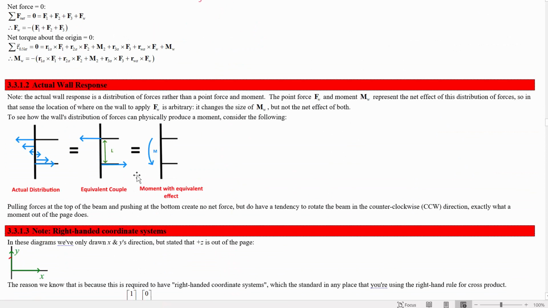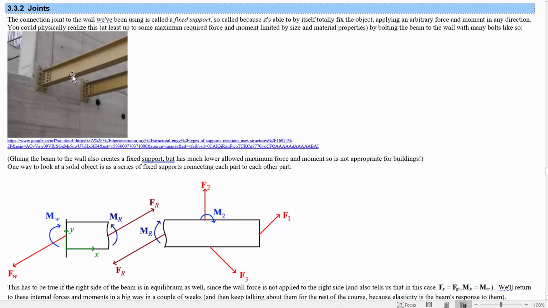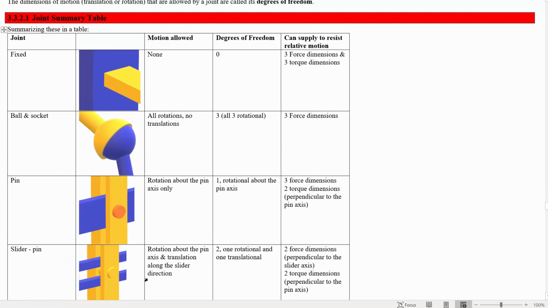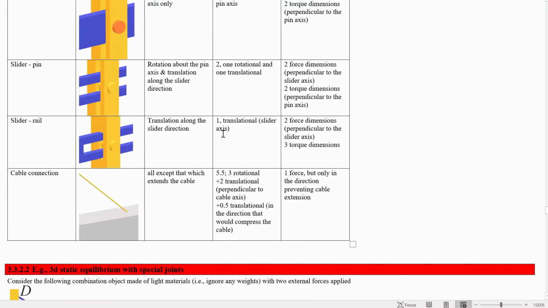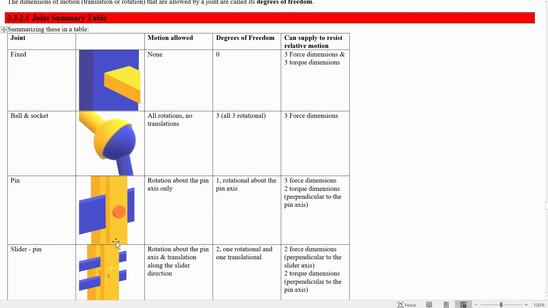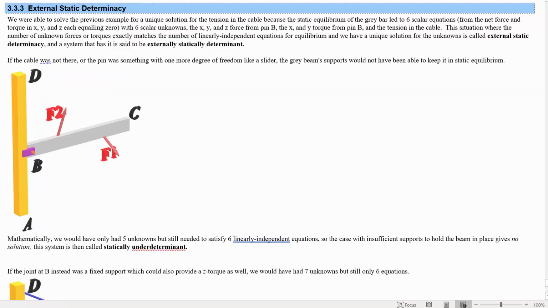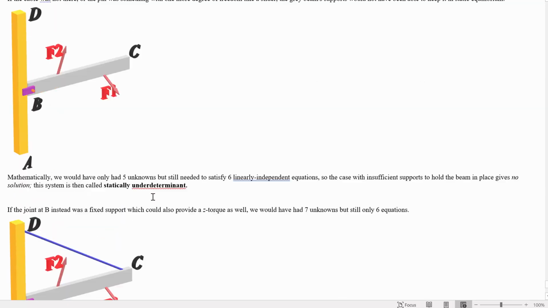We looked at how these are really produced with distributions of forces in the connection and looked at different joints. And besides the fixed support here, we looked at how these different joints are able to resist motion and have various degrees of freedom that still allow some motion in directions that they can't resist. The directions that they can resist allows you to set up problems and solve for unknown forces and moments in the joints, as long as the system that you've got is externally statically determinate.